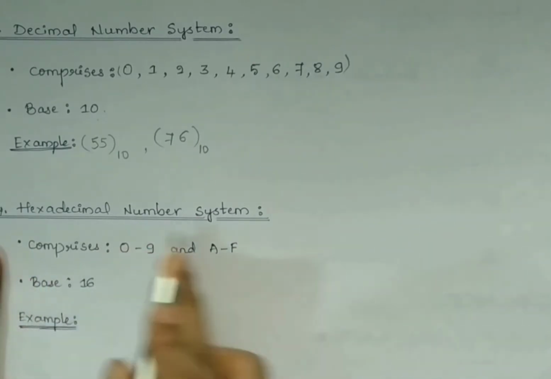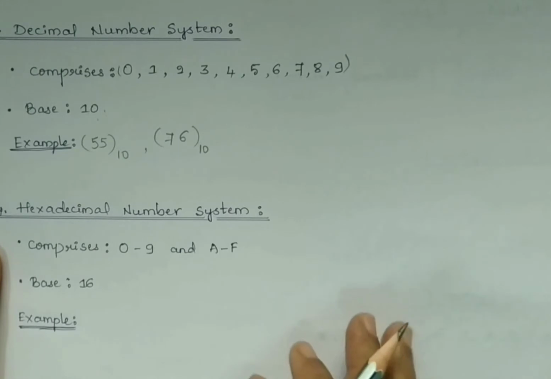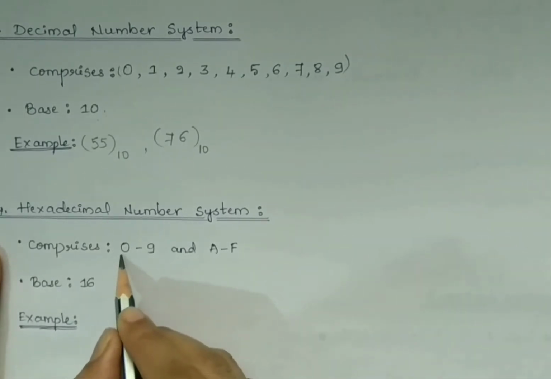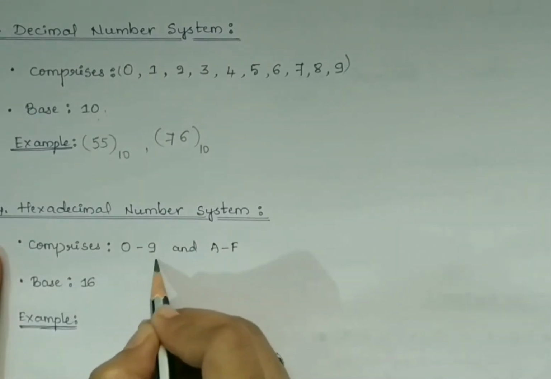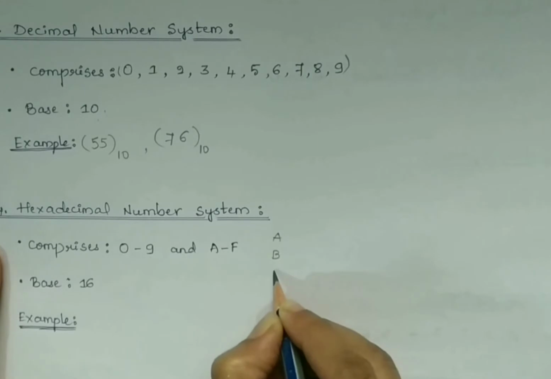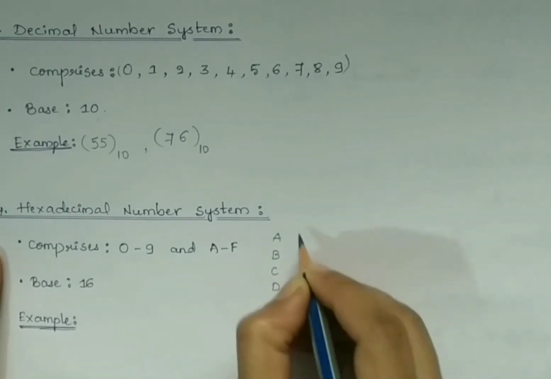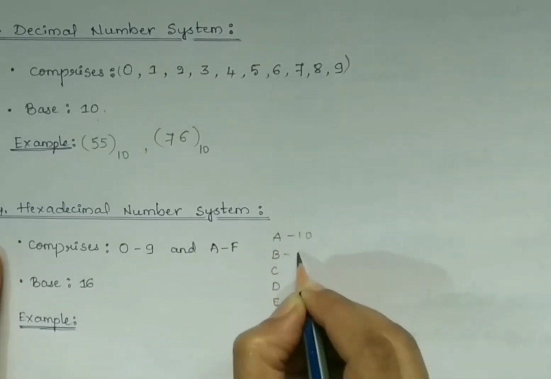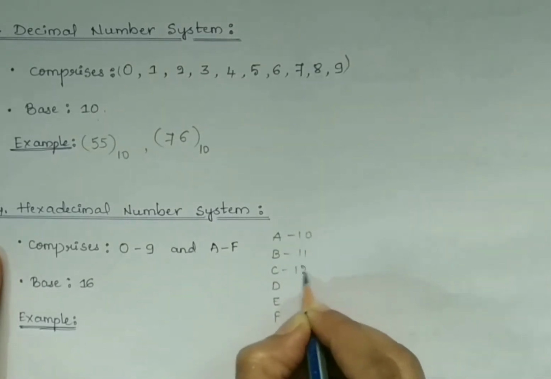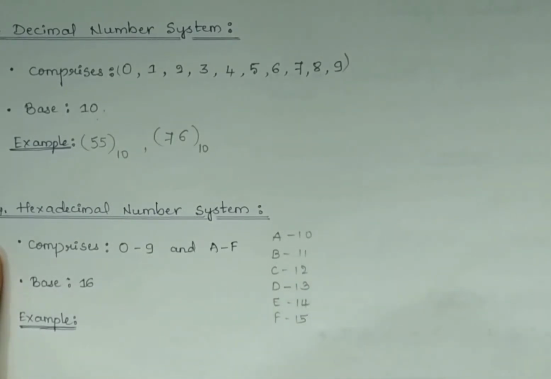Next is the hexadecimal number system. The hexadecimal number system contains a total of 16 values: 0 to 9, and after 9 it contains A, B, C, D, E and F. A means 10, B is 11, C is 12, D is 13, E is 14 and F is 15.